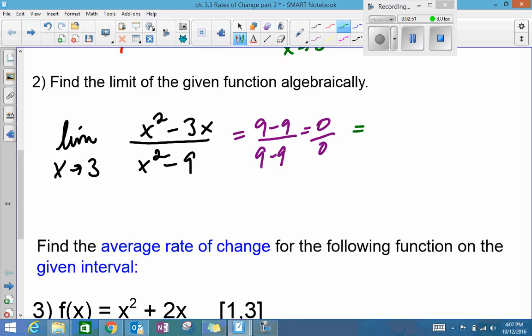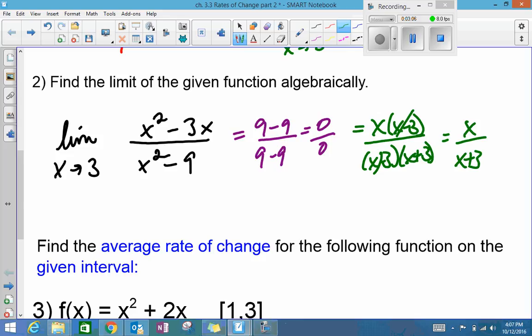If we factor the top, we get x times x minus 3. Factor the bottom, x minus 3 times x plus 3. Cancel our factors, and now we've simplified it to x over x plus 3. And if we apply the limit as x approaches 3, so we fill in 3, we get 3 over 3 plus 3, 3 over 6, or 1/2.